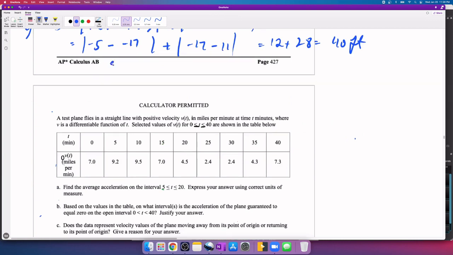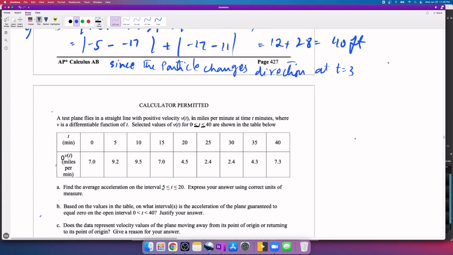The particle changes direction at t equal 3. And we picked t equal 3 because t equal 3 is between 1 and 5.